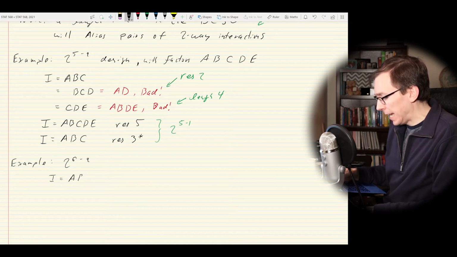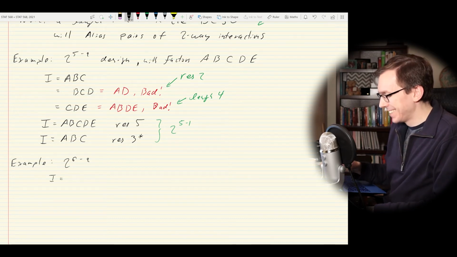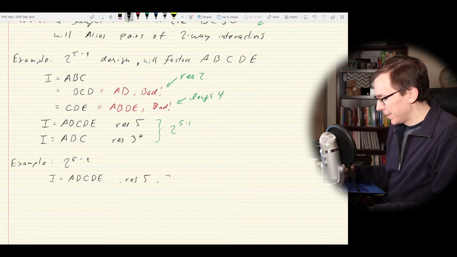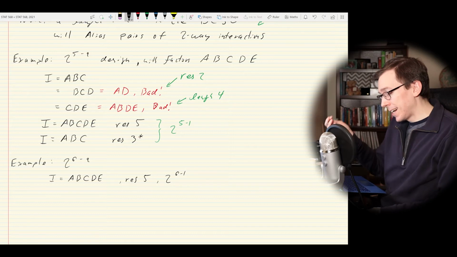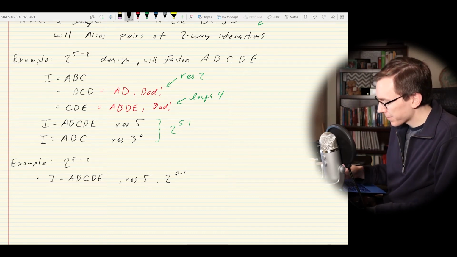What we could do is a word of length 5, ABCDE. And this would give us a resolution 5, 2 to the 6 minus 1 design, and we'd still need 32 data points. So that's not ideal.